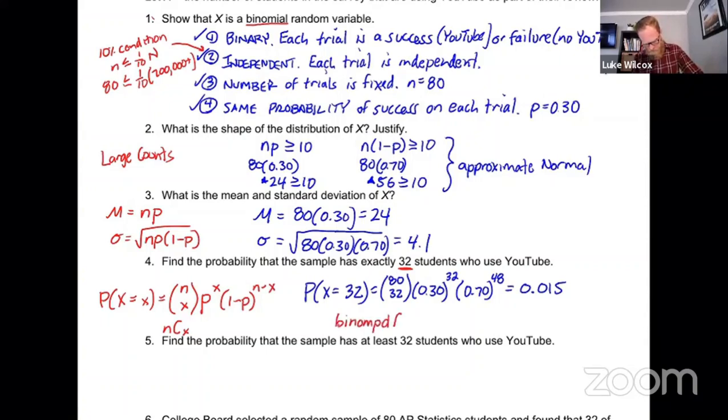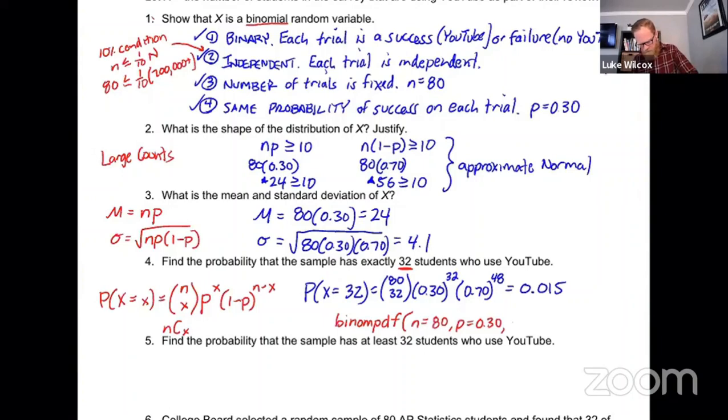Now, if you're going to use this on the AP exam, you have to be very clear on what each one of the values represents that you typed into the calculator. So that first thing the calculator asked for was the number of trials. So I'm going to clearly indicate here that we typed in the number of trials n is 80. And then it asked for the probability of success, which I'm going to write in as p equals 0.30.